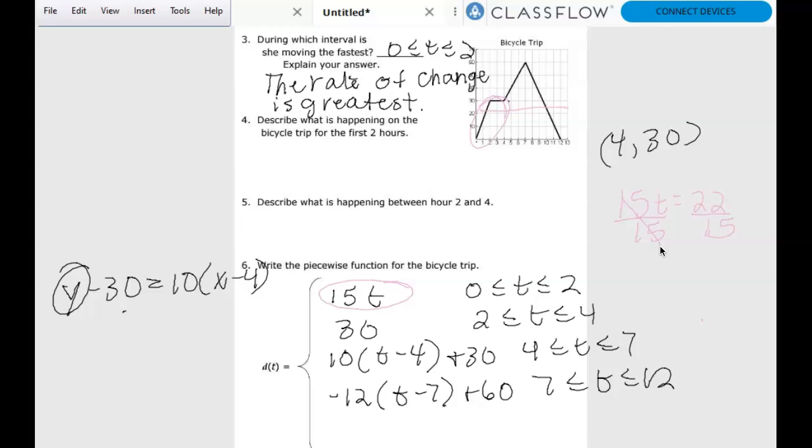It doesn't. So we're going to go against my every instinct and use a decimal here. The decimal is 1.46 repeating. This is in time, so this is hours.